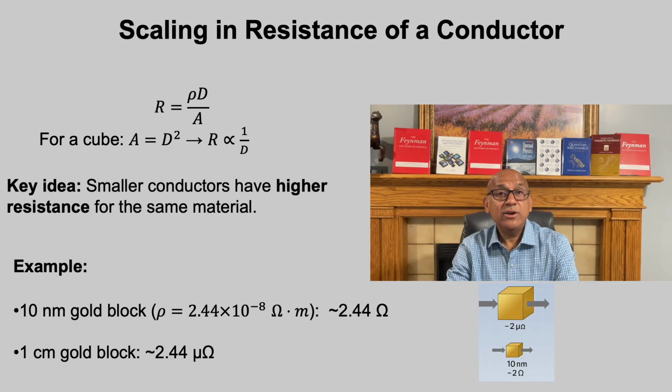For example, a road block that is 1 centimeter in size has a resistance of just a few microohms. But if we shrink that block down to just 10 nanometers, its resistance jumps to a few ohms. This dramatic increase in resistance at a small scale makes interconnect performance another challenge in modern nanoelectronics.